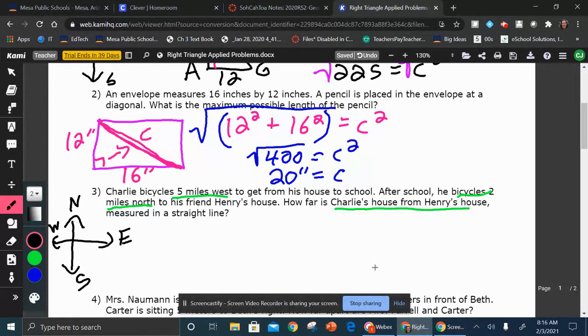So Charlie bicycles 5 miles west. This is his home, Charlie's home. He goes 5 miles to get to school. And then after school, he bicycles 2 miles north to his friend Henry's house.